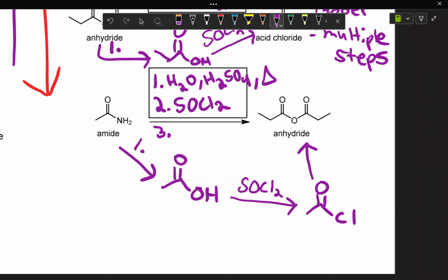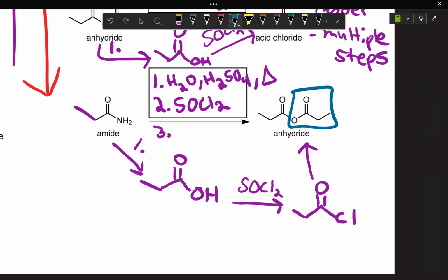And the way we do that is, I realize I'm missing a carbon. Let me redraw that arrow, and I'm missing a carbon here. I'll fix that on the actual worksheet I sent out. Then to go from the acid chloride to the anhydride, the only difference you'll see between the two is that this has a carbonyl part to it, where this has a chloride.